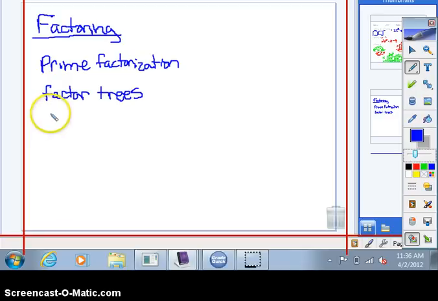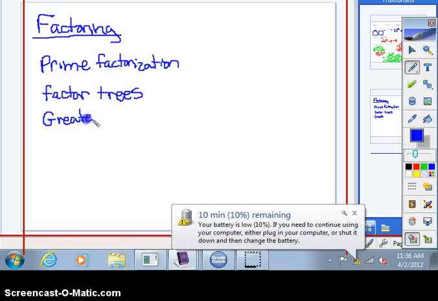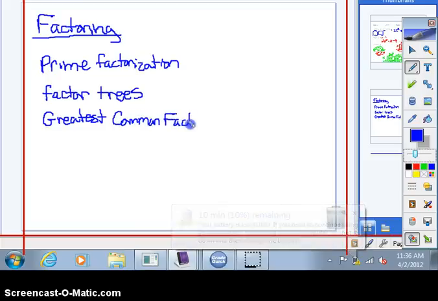How about the greatest common factor? The greatest common factor, all of these are things that you should have heard before.